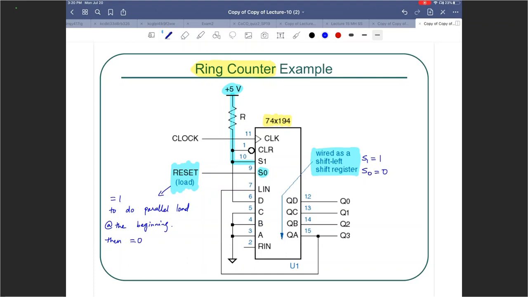It's a positive edge triggered design, so the clock input acts on the positive edge of the clock. We have an active low clear input, which we have connected to +5, which means we are never clearing. Clear will always be inactive.